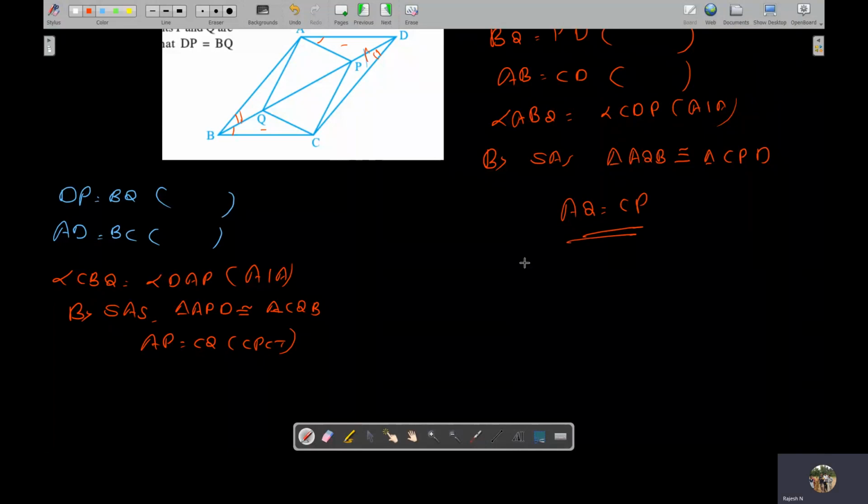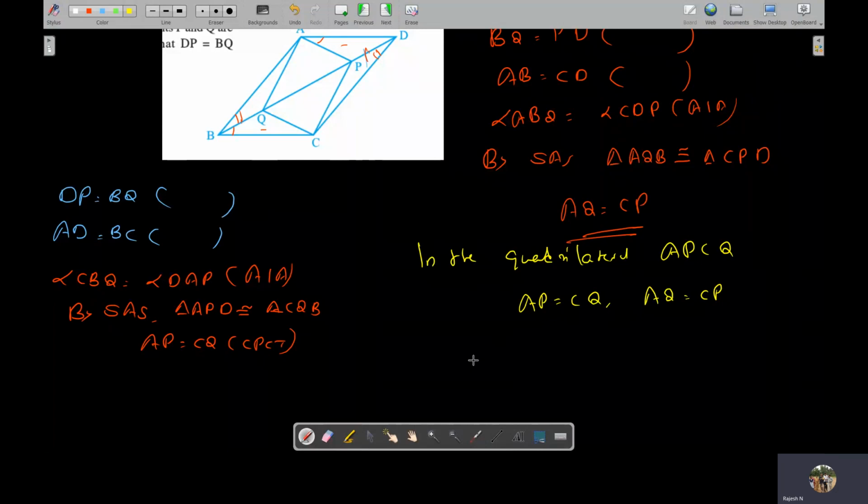Now you see in the quadrilateral APCQ, AP is equal to CQ and AQ is equal to CP.